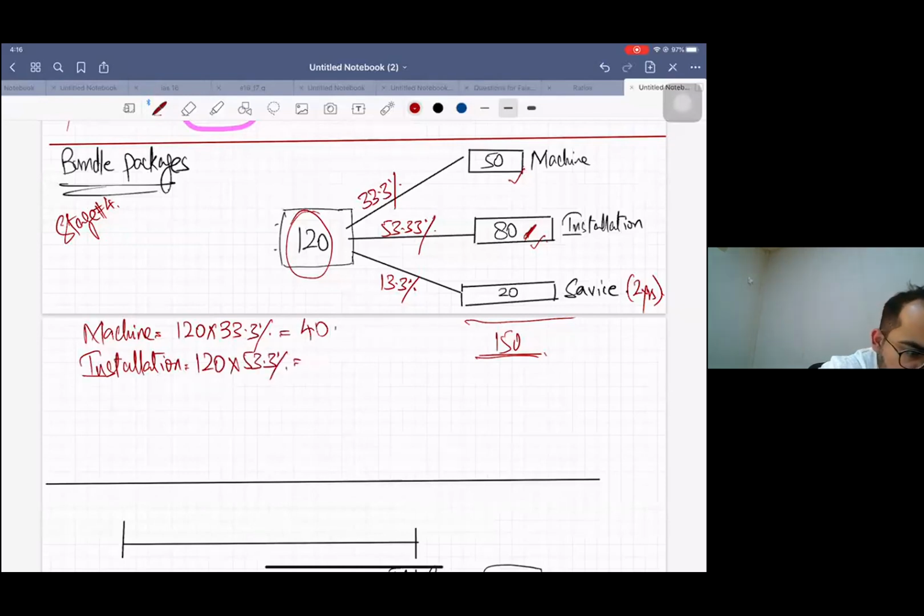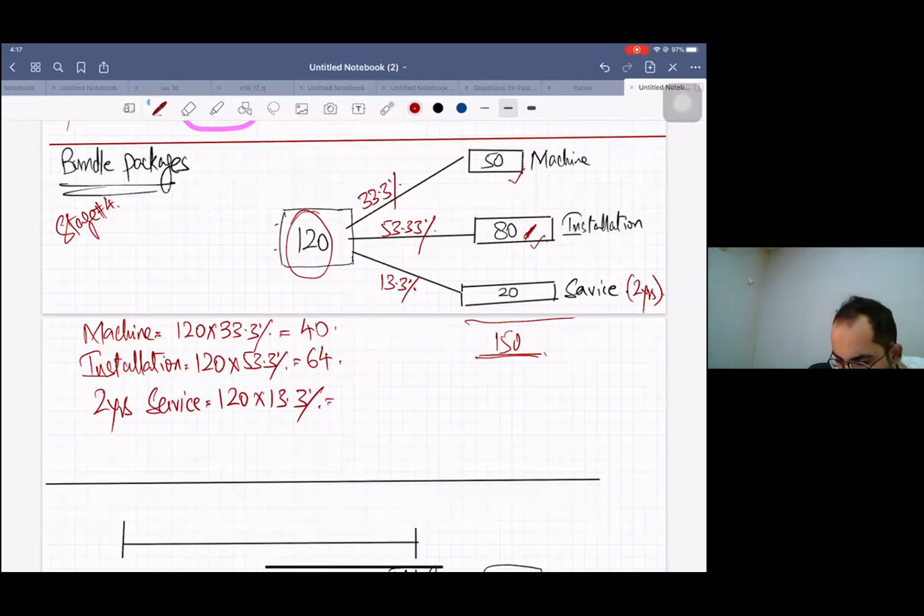Let me check. 120 times 53.33% is 63.96 or 64, and for 2 years service, it's 120 times 13.33%, which is 16.